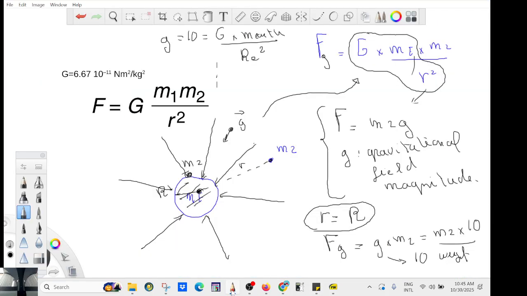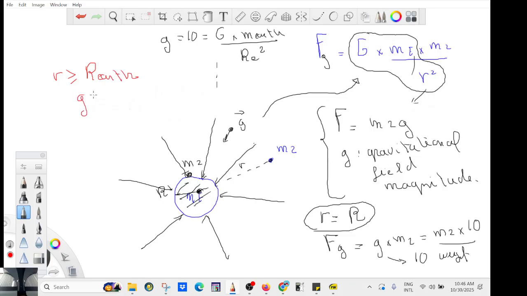So that equation here, let's write it down somewhere. That's going to be for the pop quiz or assignment. Anyway, for distance equal to or greater than the radius of the Earth, the magnitude of the gravitational field is going to be G, the mass of the Earth, over the distance to the center of the Earth squared.